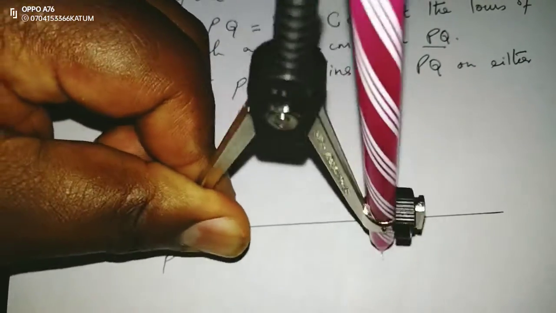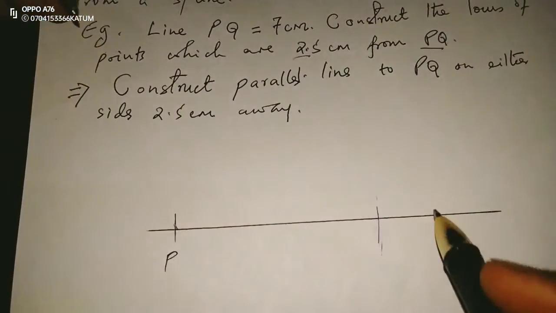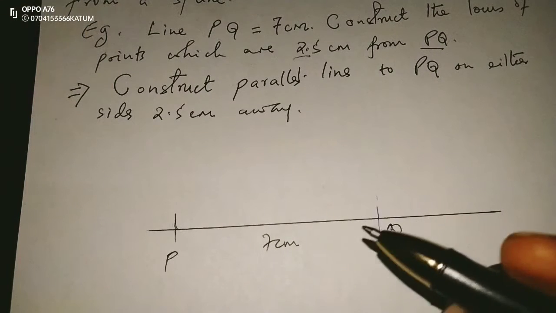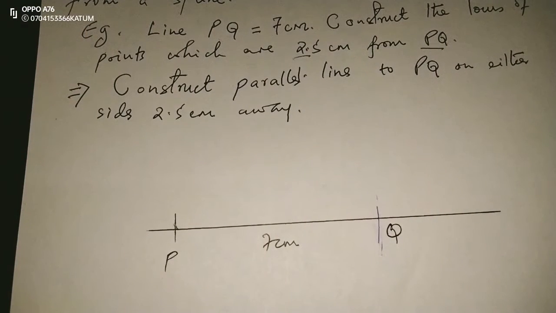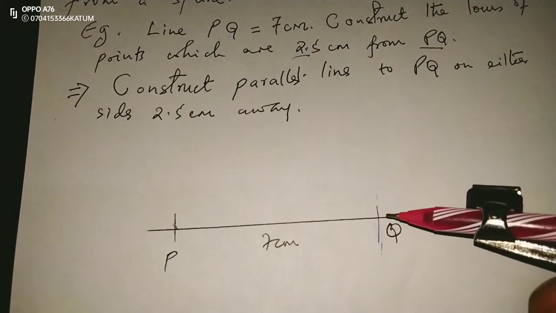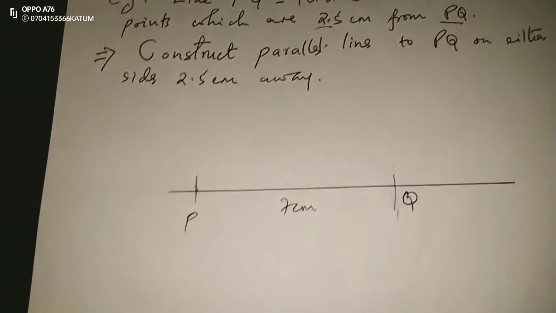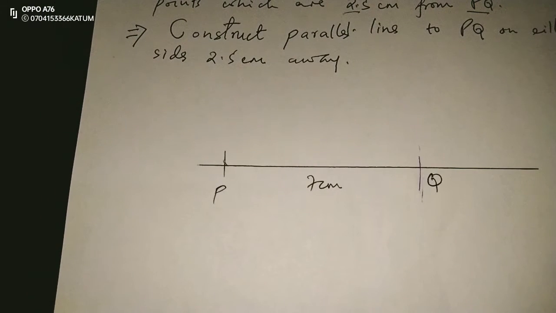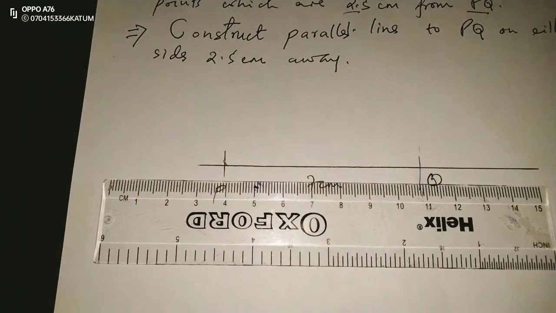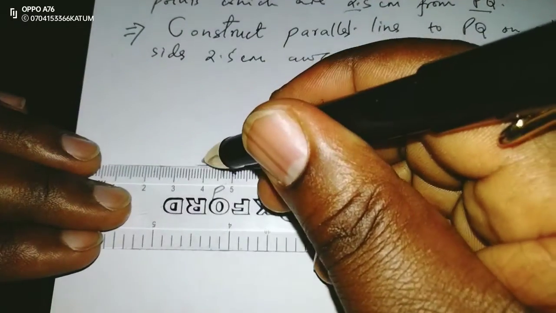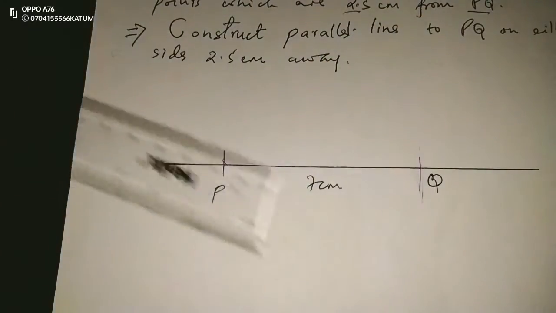Therefore, this is going to be our Q. Now we need the locus of points which are 2.5 centimeters away from this line. Those points can either be above the line or below the line, and they should be parallel lines to this given line, 2.5 centimeters away.